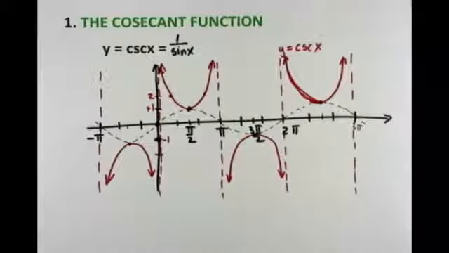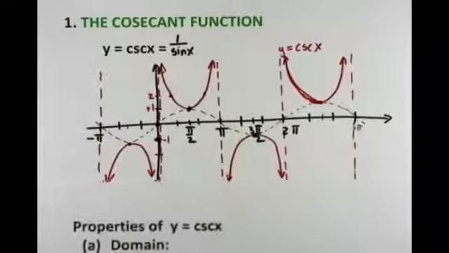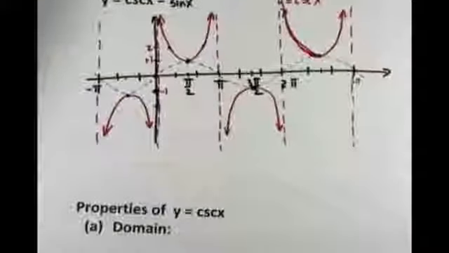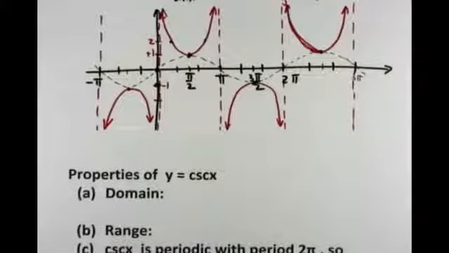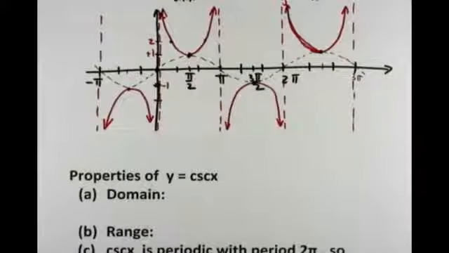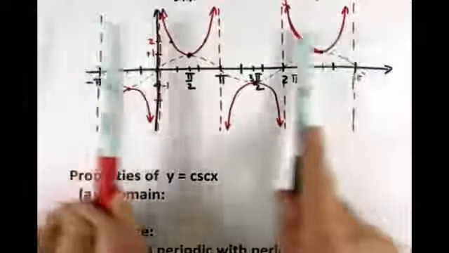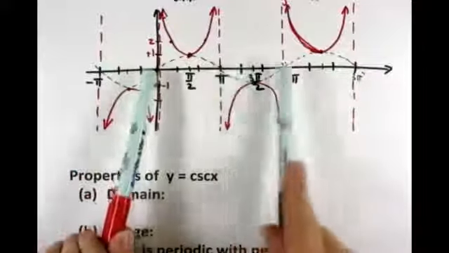Now we would like to talk about properties of the cosecant function. First we have the domain. The domain is the part of the graph where the function is spread on the x-axis. The function is going everywhere except the asymptotes.